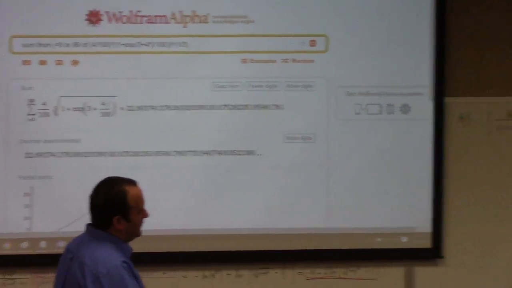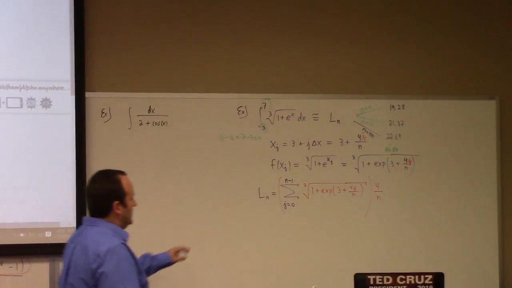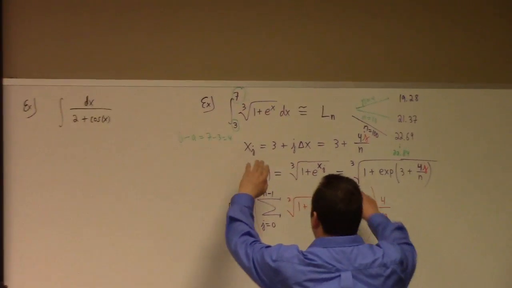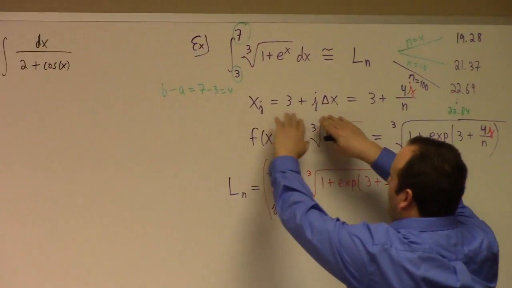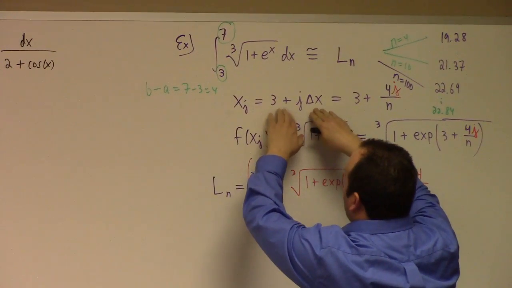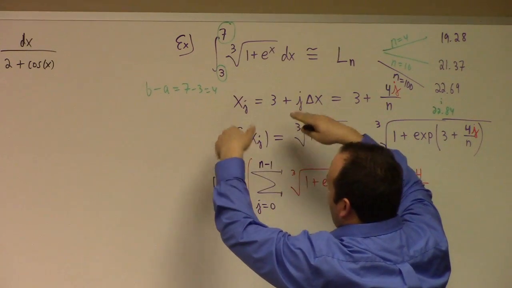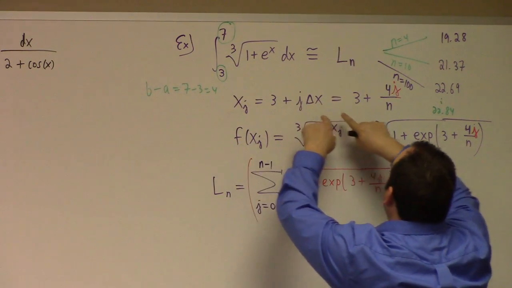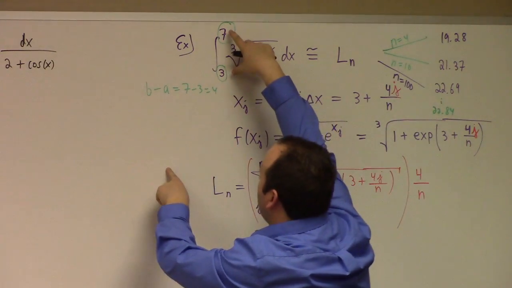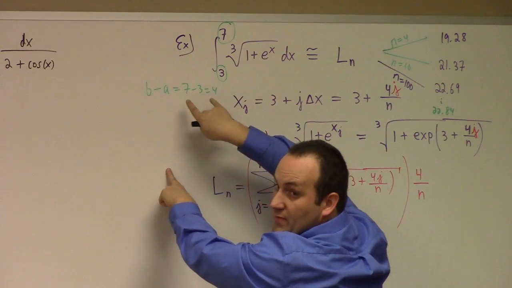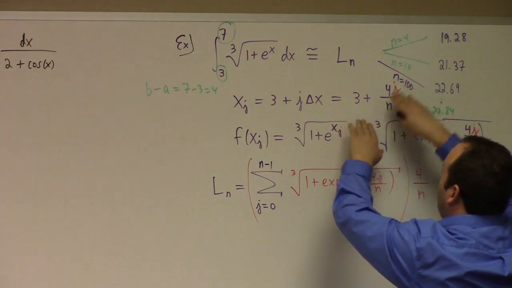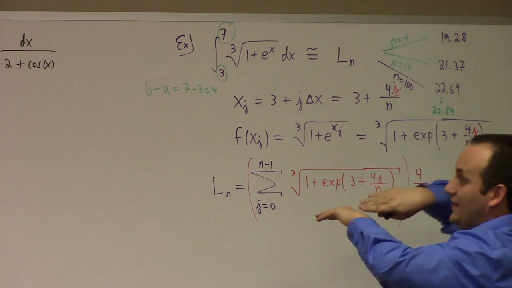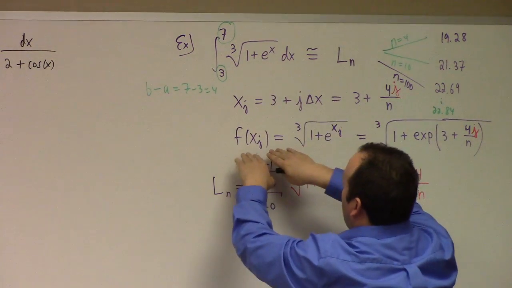The left endpoint rule of order n. So I have to do a couple things, right? I have to figure out what's the formula for the jth partition point. So here, 3 plus j delta x. What's delta x? Well, delta x is 4 over n, because 7 minus 3 is 4. So here's my x sub j. It's 3 plus 4j over n. Then I have to figure out what is f of that point.